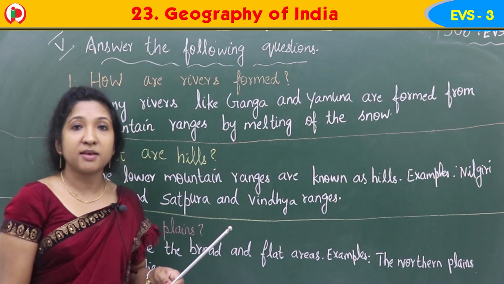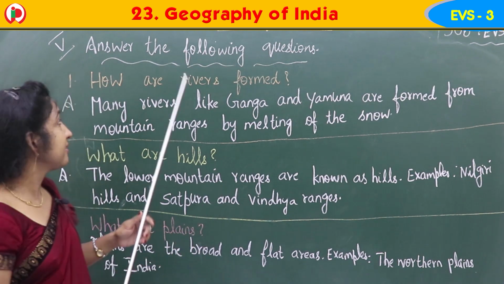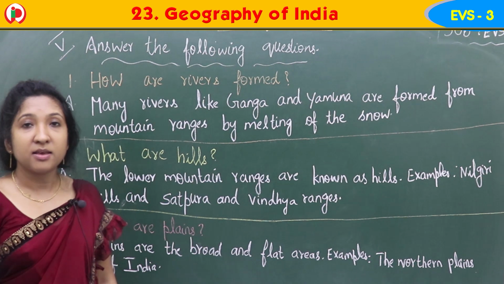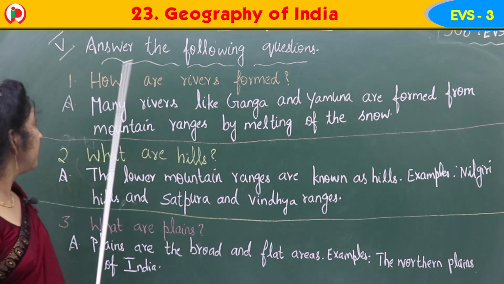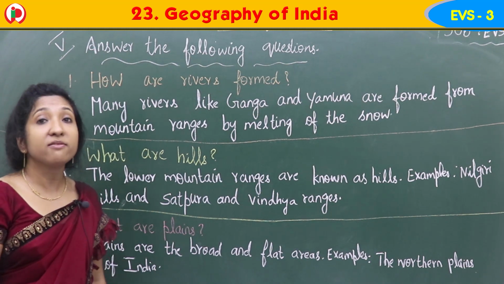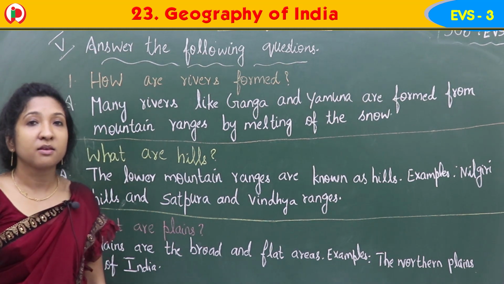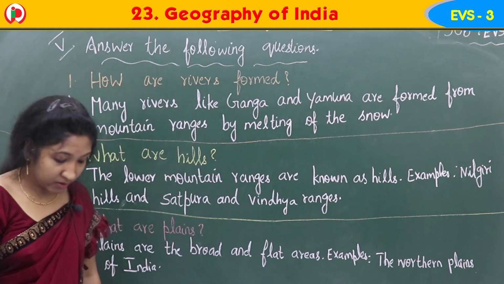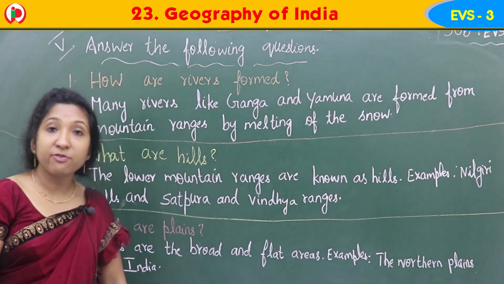Our next exercise in the workbook, exercise 5, answer the following questions. Yes, see the first question. How are rivers formed? So how are rivers formed? Yes, rivers are formed from top of the mountains filled with snow.